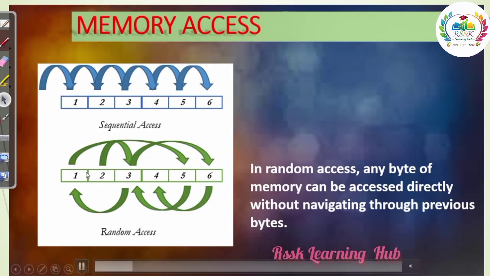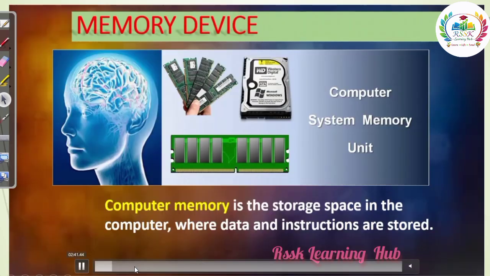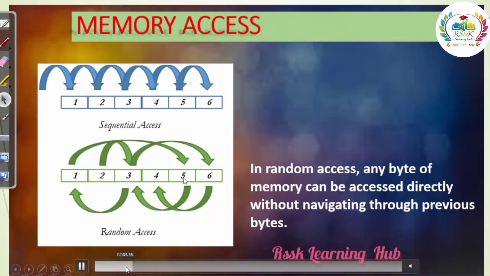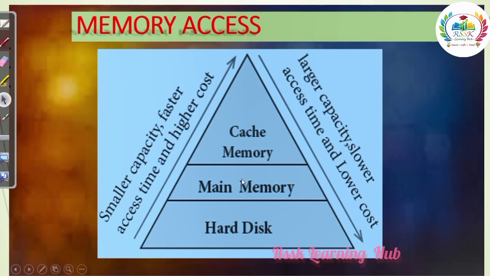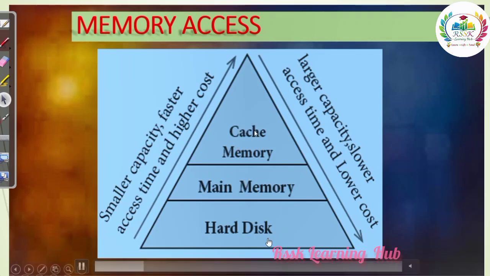That is random access. So where you want, you can access. Next we are going to see your storage part. So there is a diagrammatic representation of your memory hierarchy. First one is hard disk, next main memory, then cache memory. Cache memory is a temporary storage device.